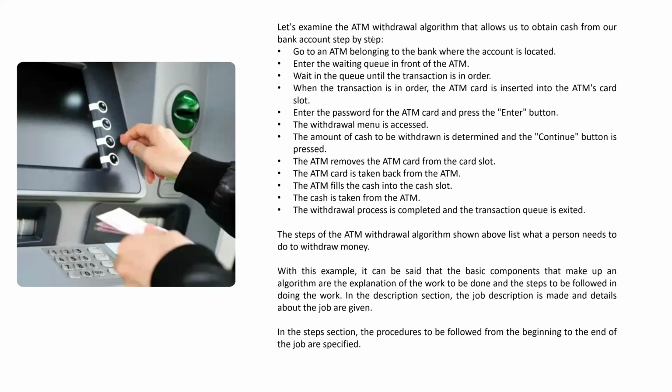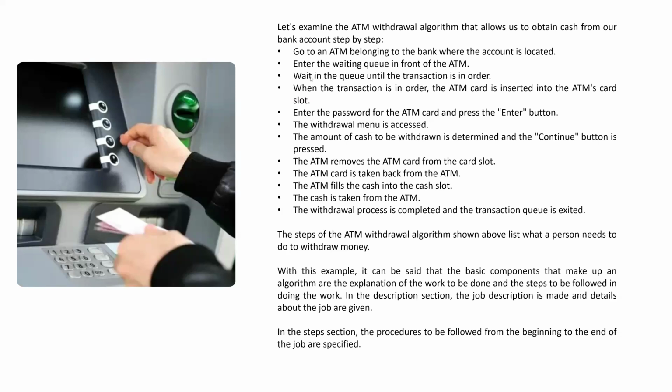And we have no order number for these points, as you know, but we have an order. Initially, the first one, go to an ATM belonging to the bank where the account is located, enter the waiting queue in front of the ATM.